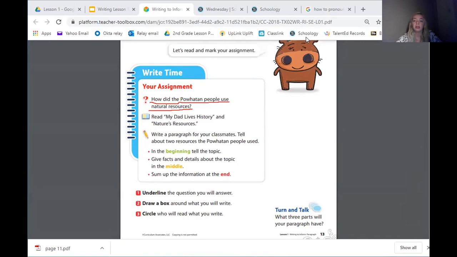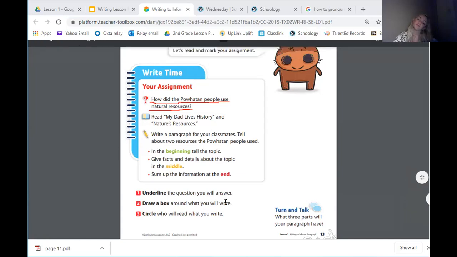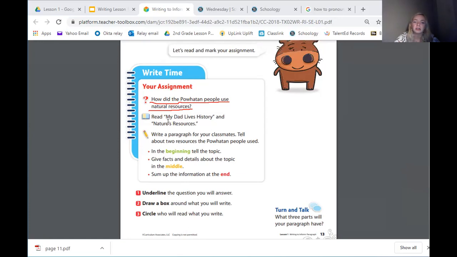Okay, let's read number 2. Draw a box around what you will write. What do you think we're going to write? Where will we draw our box? Will it be here, here, or here?